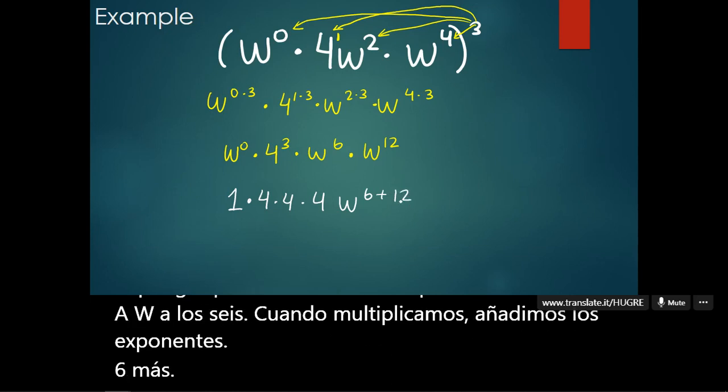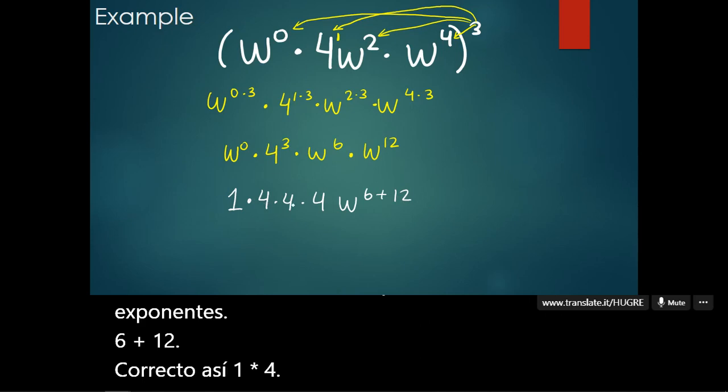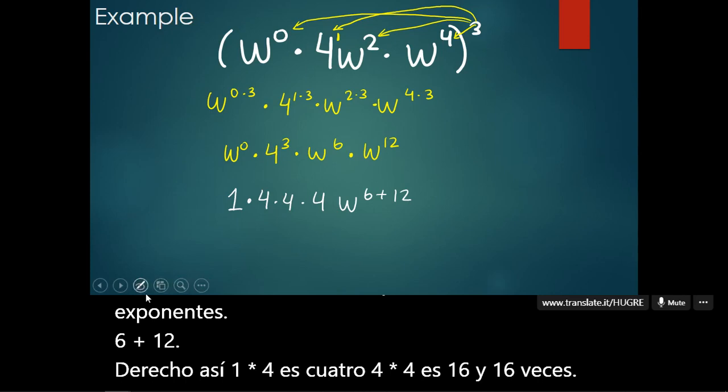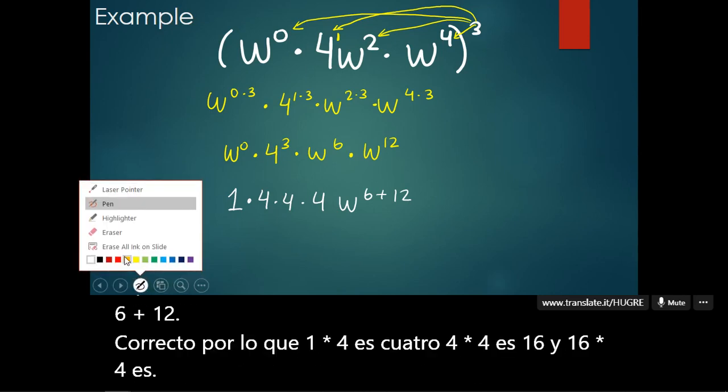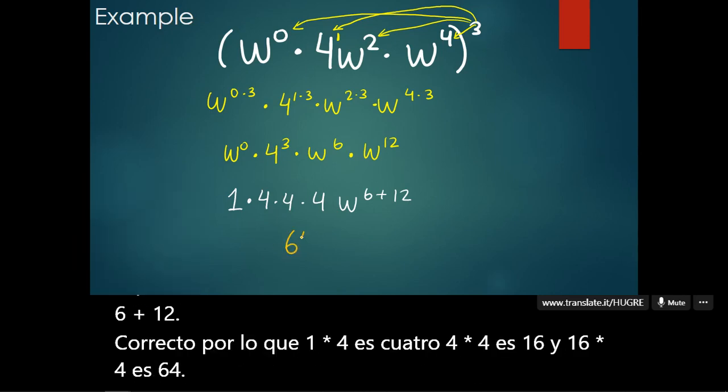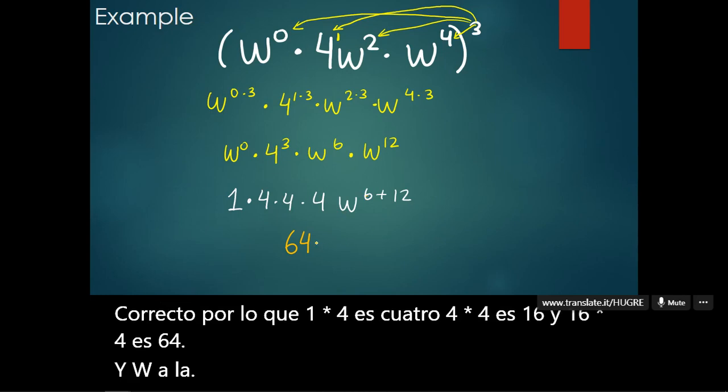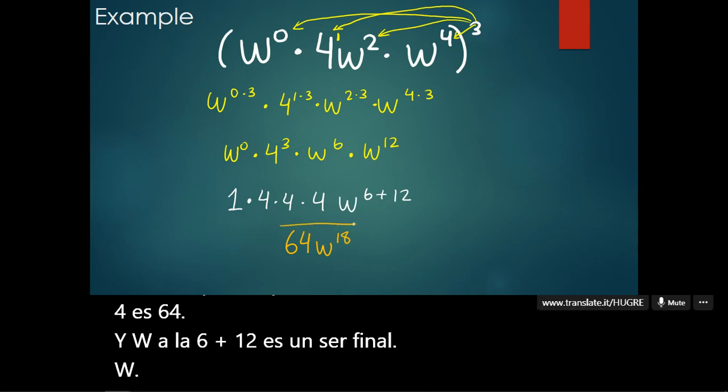All right, so 1 times 4 is 4. 4 times 4 is 16. And 16 times 4 is 64. And w to the 6 plus 12 is going to end up being w to the 18. So this is my final answer.